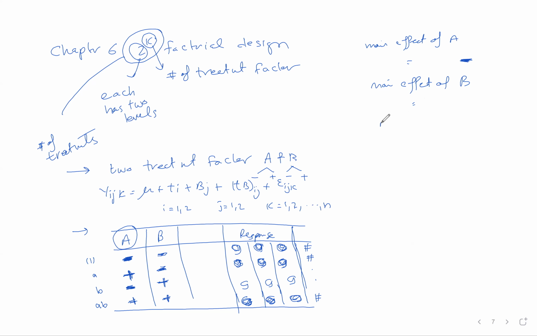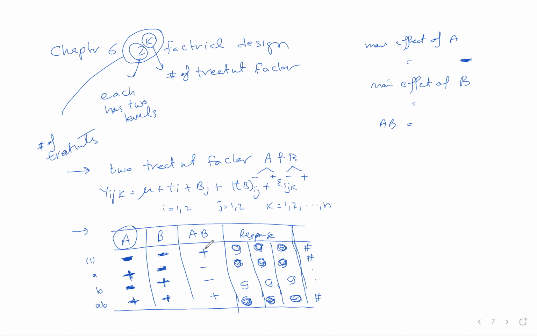What about the interaction AB? To calculate the interaction of AB, you need to have a column for AB. How do I get the column of AB, pluses and minuses? You multiply A times B. So minus times minus gave me plus, plus times minus gave me minus, minus times plus gave me minus, plus times plus gave me plus. Again, I have 2 pluses and 2 minuses.